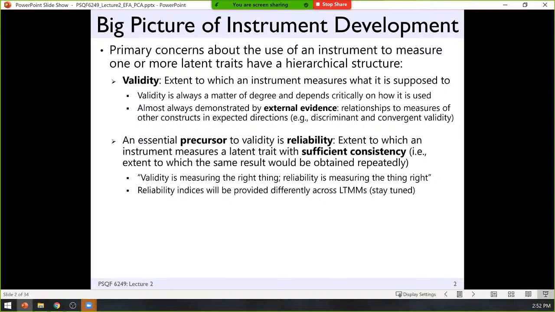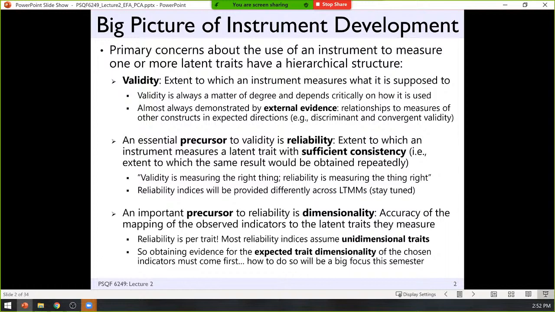But a precursor to reliability, knowing how consistently you've measured something, is knowing that it's only one thing that you're trying to measure: dimensionality. Because it makes no sense to talk about reliability of two things smushed together.